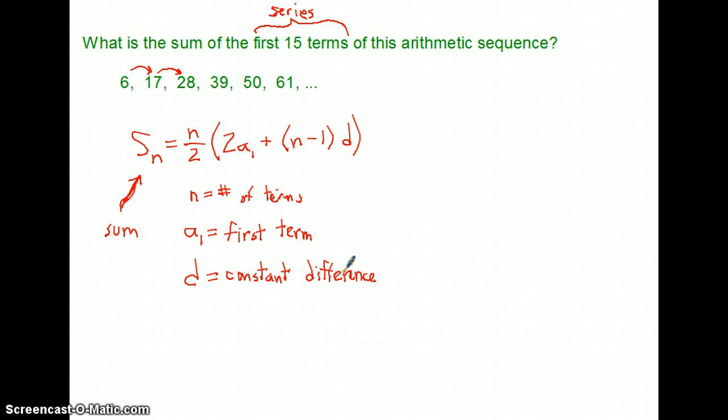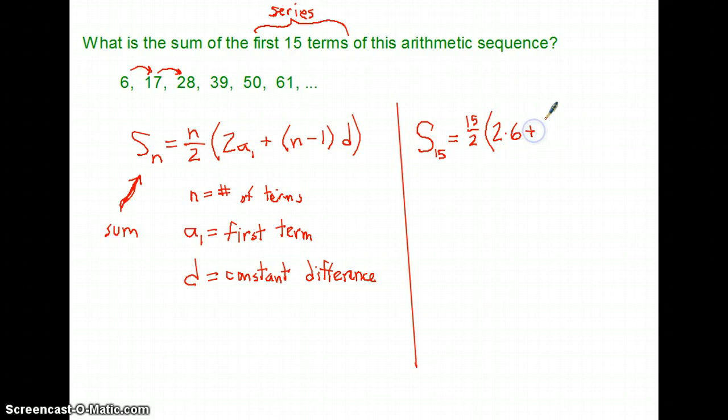All right, so in this particular problem, we're talking about the sum of the first 15 terms. And I can put a 15 there because I want to add up 15 things. It's going to be n over 2 times 2 times a sub 1 plus, n minus 1 times the constant difference, which is 11.